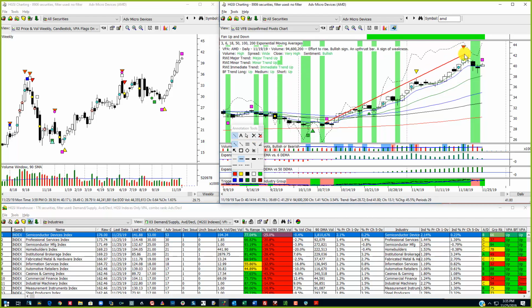You have to stay with it, obviously, up to this point. And if you look down here, it's a 44.4% change over 29 periods. The group is going up.